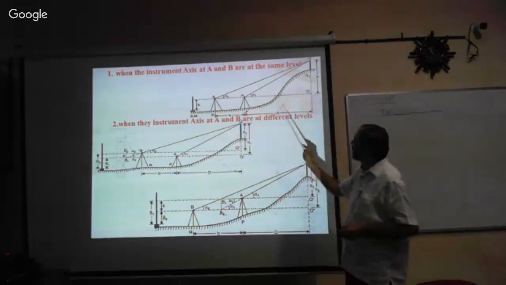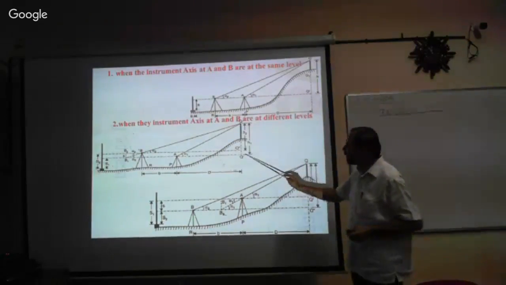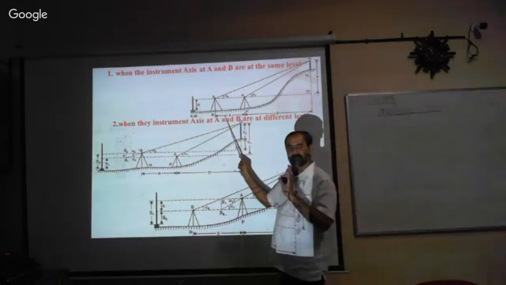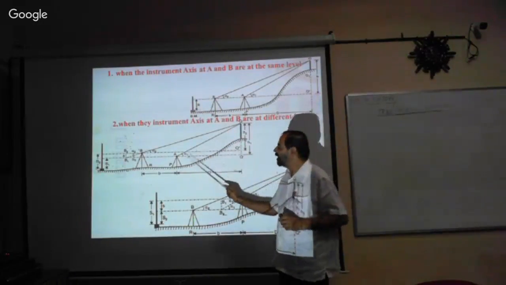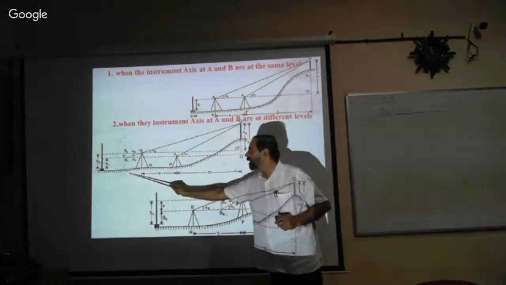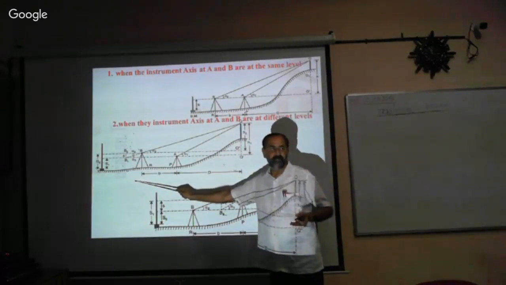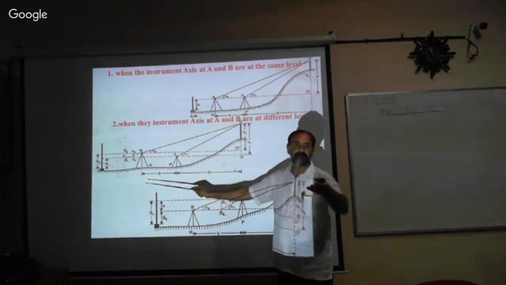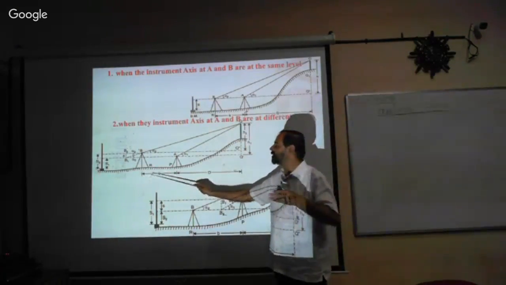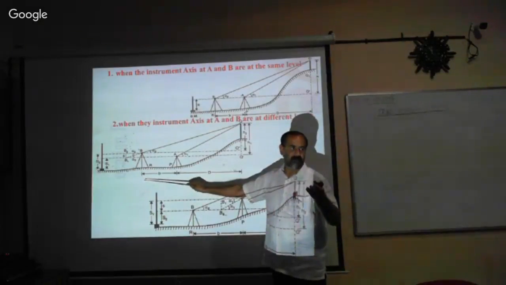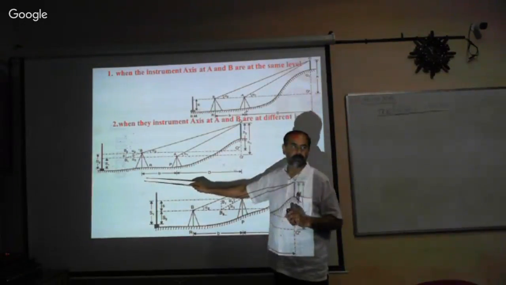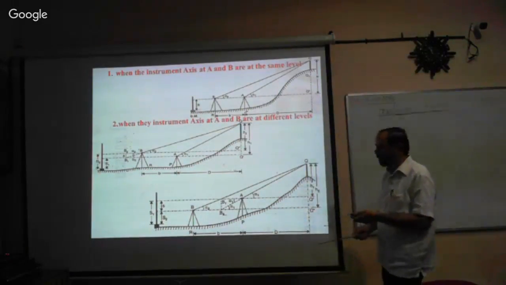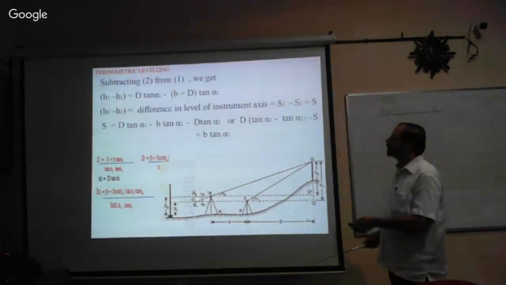Here also the same D. Now what happens here to B? B increases, B plus S cot alpha 2, isn't it? Now see the first equation.